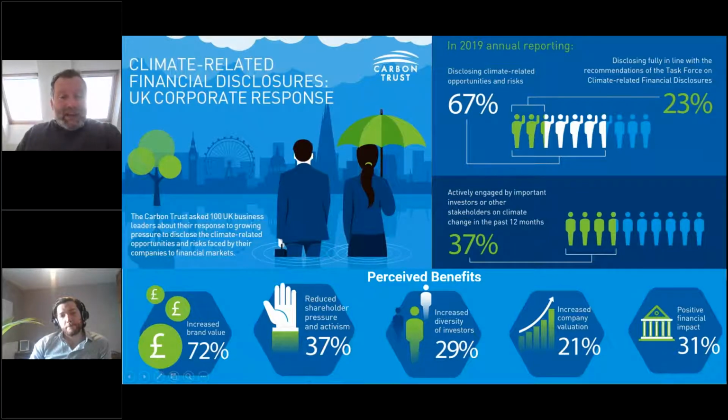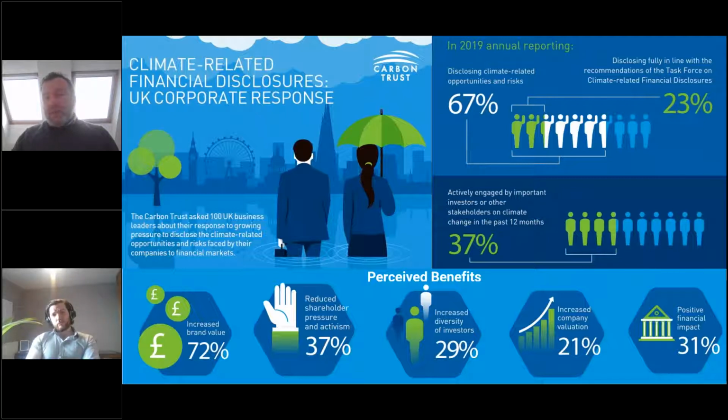In terms of the perceived benefits, you can see that people already had a strong awareness of why we should be doing this. 72% believed in the increased brand value. 37% believed that it would really help with reducing shareholder pressure and activism, because you'll be showing your stakeholders exactly how you're responding to this big external risk and opportunity.